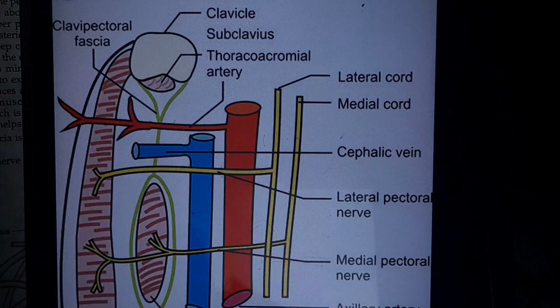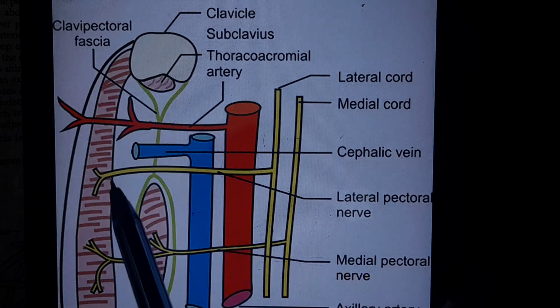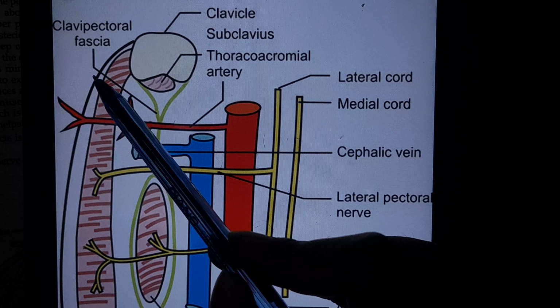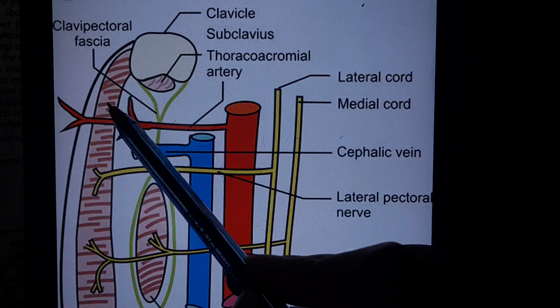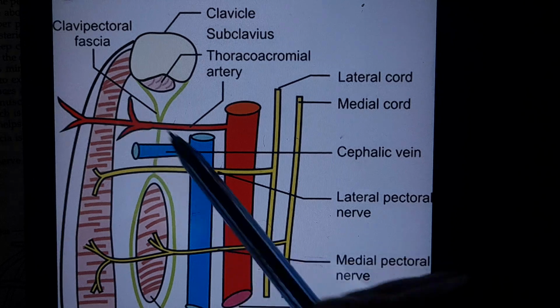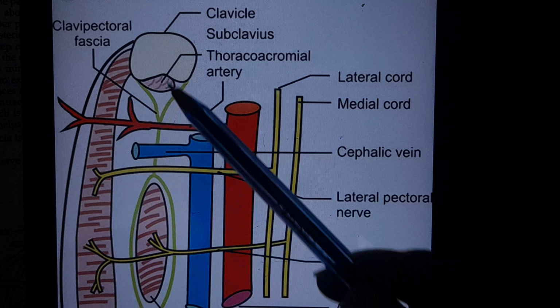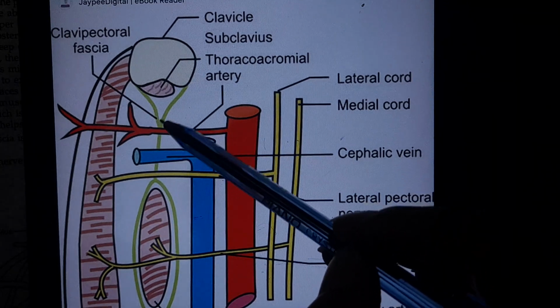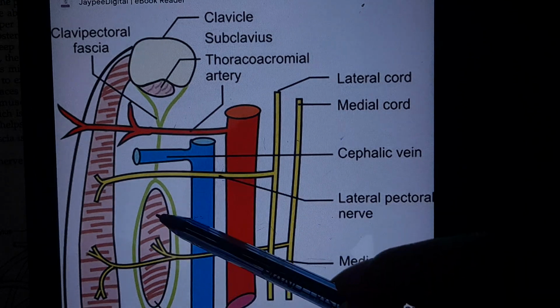So now I have this very nice diagram to explain to you the contents which are going to pierce the clavipectoral fascia. Remember again, this was the pectoral fascia, this was the pectoralis major muscle, this was the subclavius muscle, this was the pectoralis minor muscle. So this fascia was the clavipectoral fascia enclosing subclavius, then enclosing pectoralis minor.